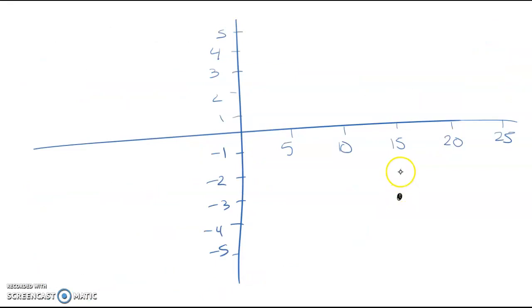So I'm going to go 1 up, 5 over, draw a dot. 1 up, 5 over, draw a dot. And the same thing, 1 down, 5 over. And this gives us our reference rectangle. What this helps us with is that our asymptotes go exactly through the corners.